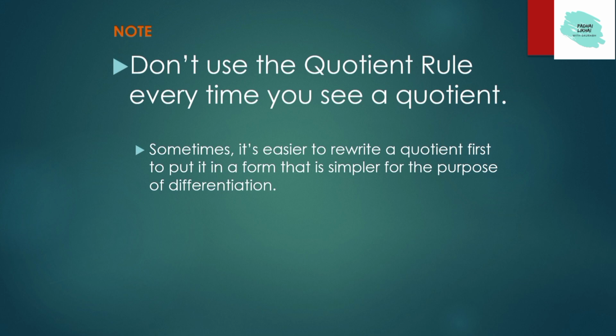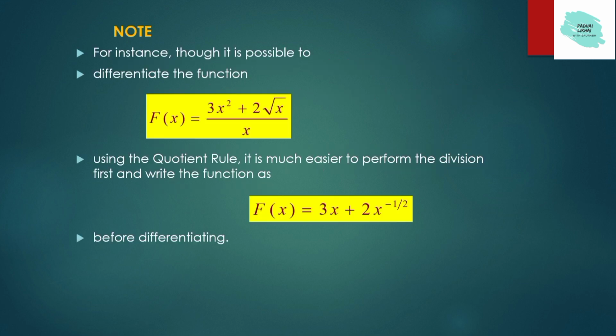We can see that we could apply the quotient rule, but it is easier to rewrite the problem like this. How?